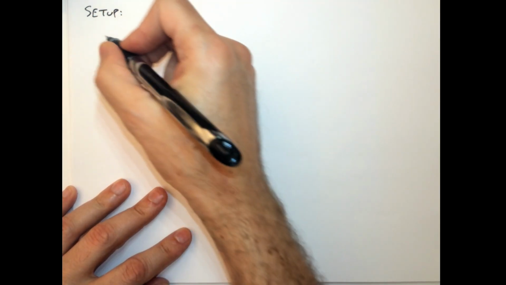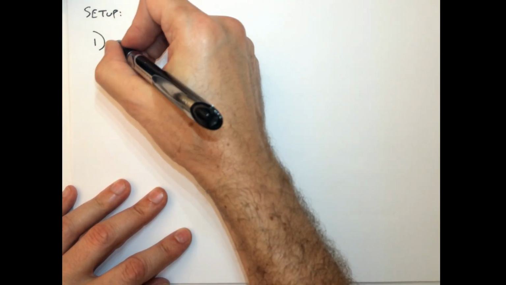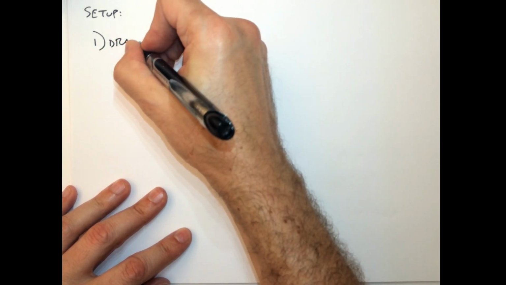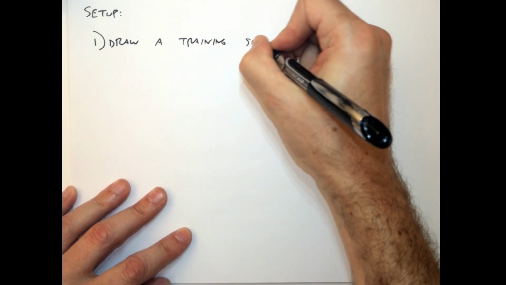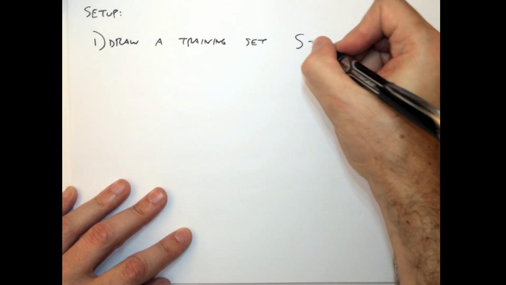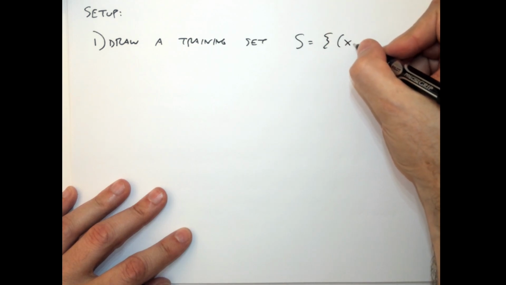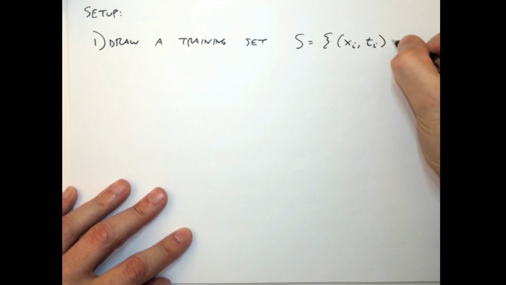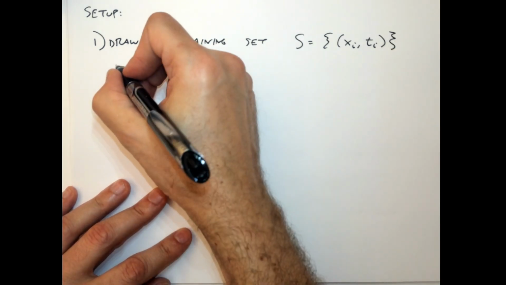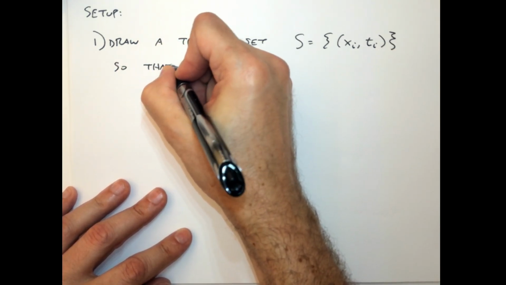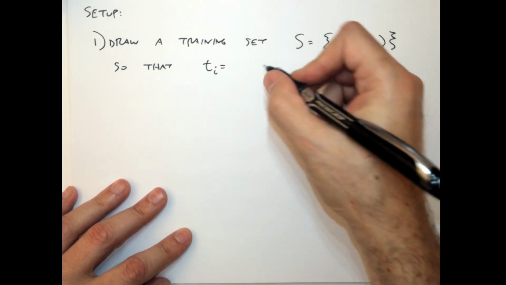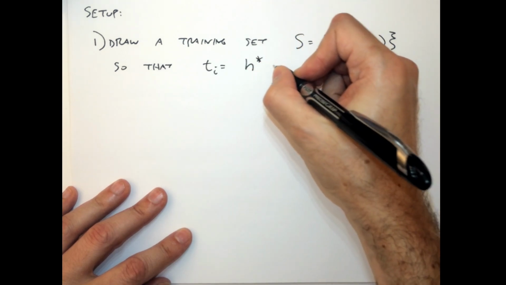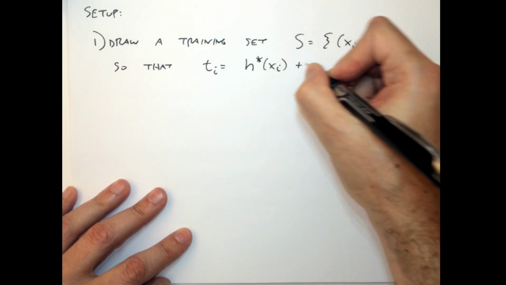Right? We are going to draw a training set. Let's call it S, which is a set of input-output pairs, so that the output is some ideal model plus noise.